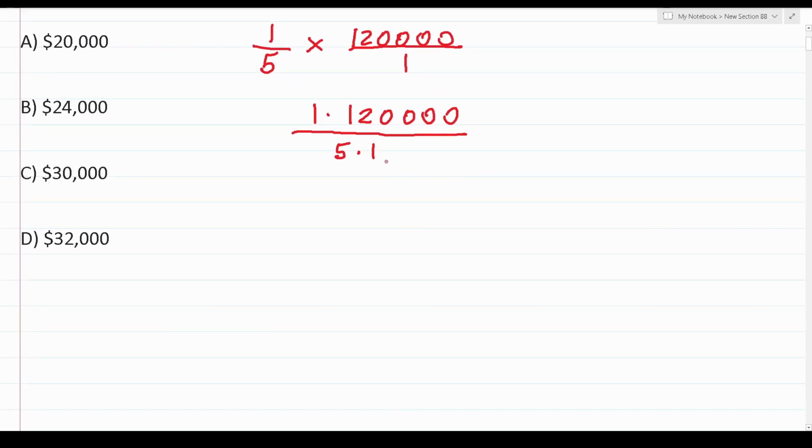All right. 1 times anything is just itself, so 120,000 times 1 is just 120,000. And likewise, 5 times 1 is just 5. All right, so now this is just a division problem. This reads 120,000 divided by 5. So let's go ahead and perform that long division now.